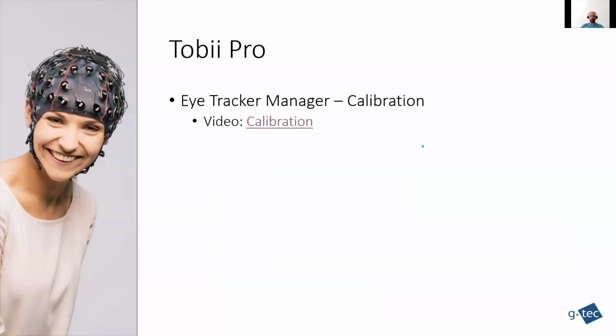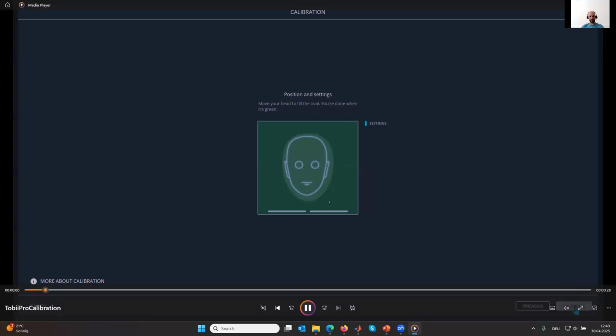And then you are ready for the calibration, and I want to show you that in a short video. So we start the calibration here, and it wants us to focus on the dots, and then they will just explode. It will be 5 dots in total.